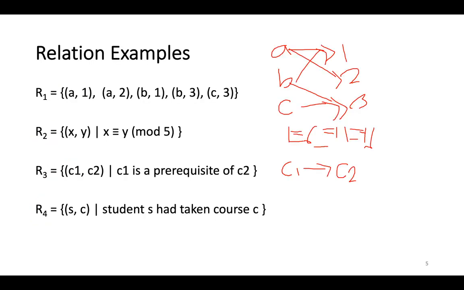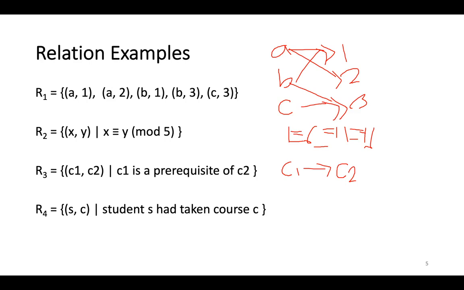And here is another example. The first relation is about the set A, B, C and another set 1 to 3. So we can make A to 1, B to 1, A to 2, B to 3, C to 3. These are the relation, and we have two sets, A, B, C and 1 to 3.